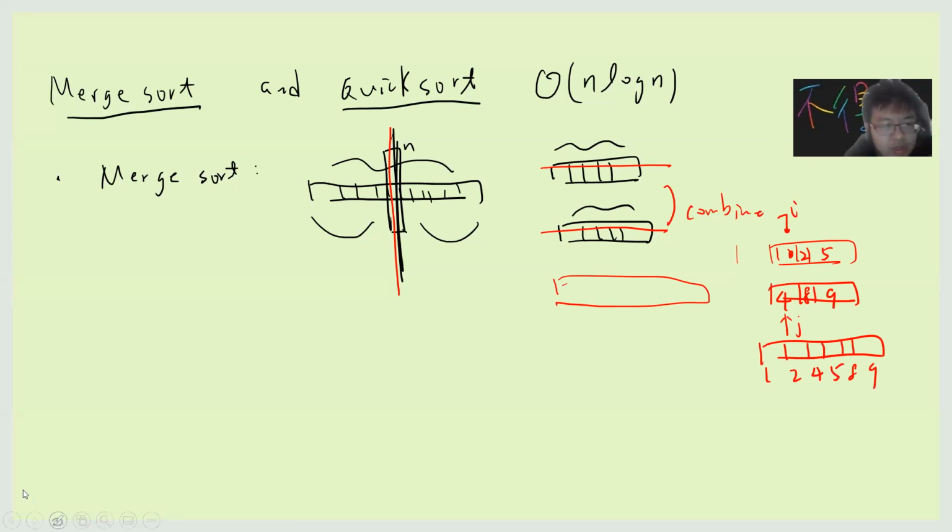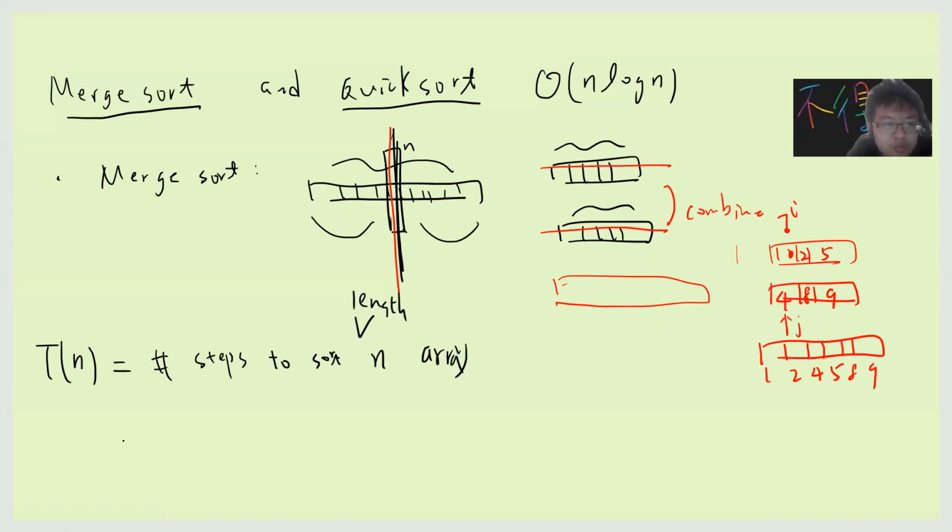The time complexity of this algorithm is very simple to analyze. Let's define T of n to be the number of steps to sort a length n array.